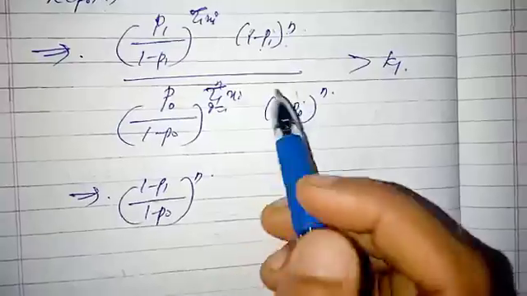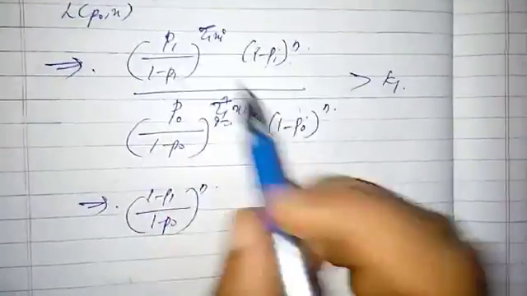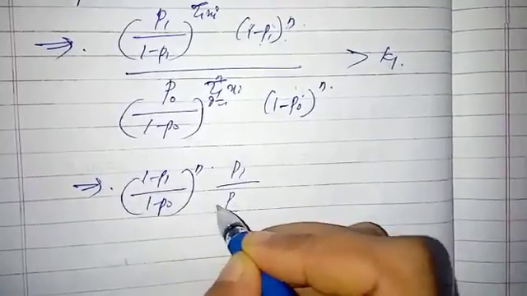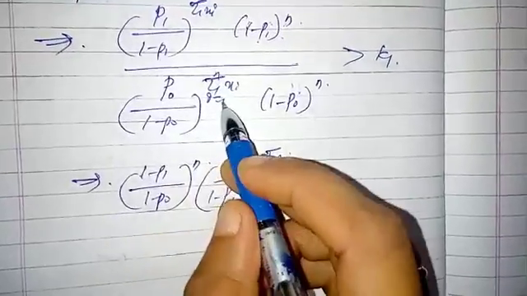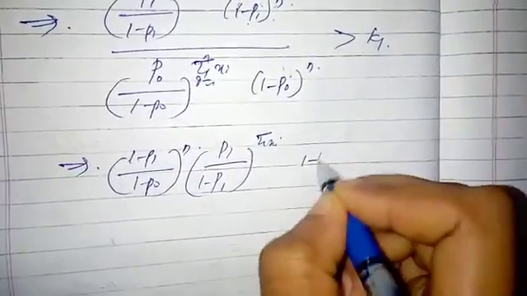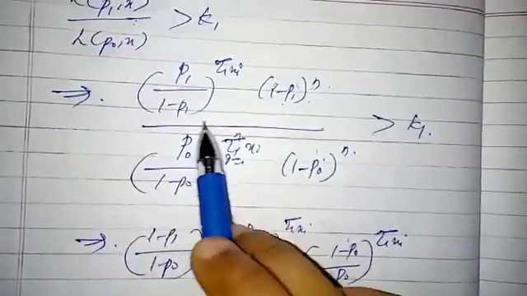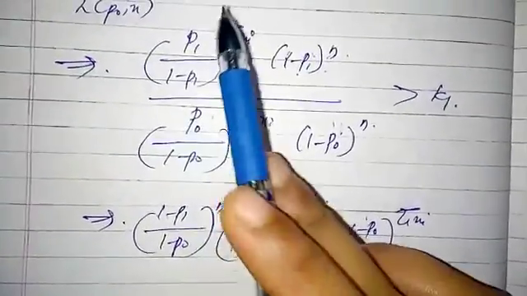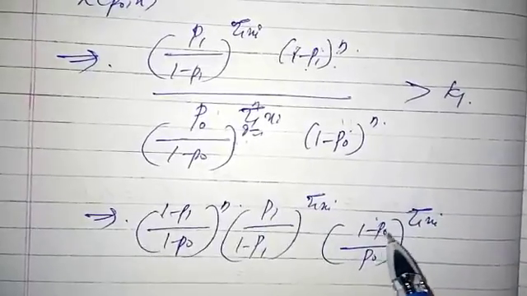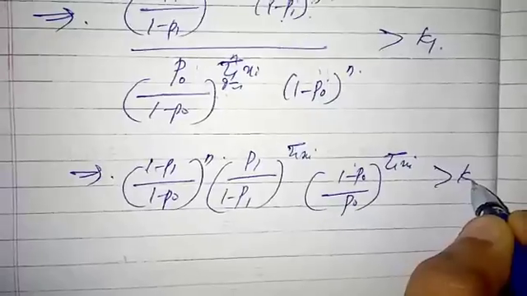Then we can write p1 divided by 1 minus p1 power summation xi, and the reciprocal of the other term as 1 minus p naught divided by p naught power summation xi, which is greater than k1.